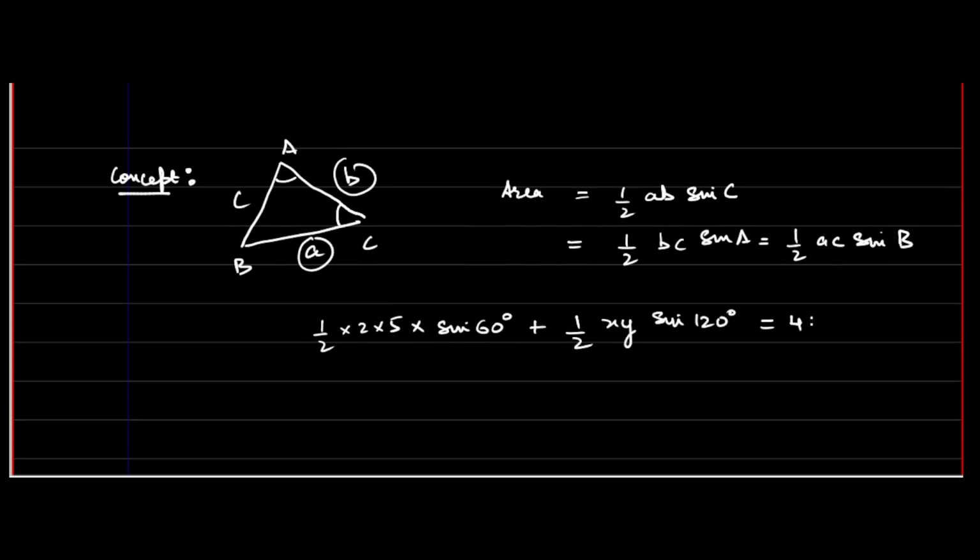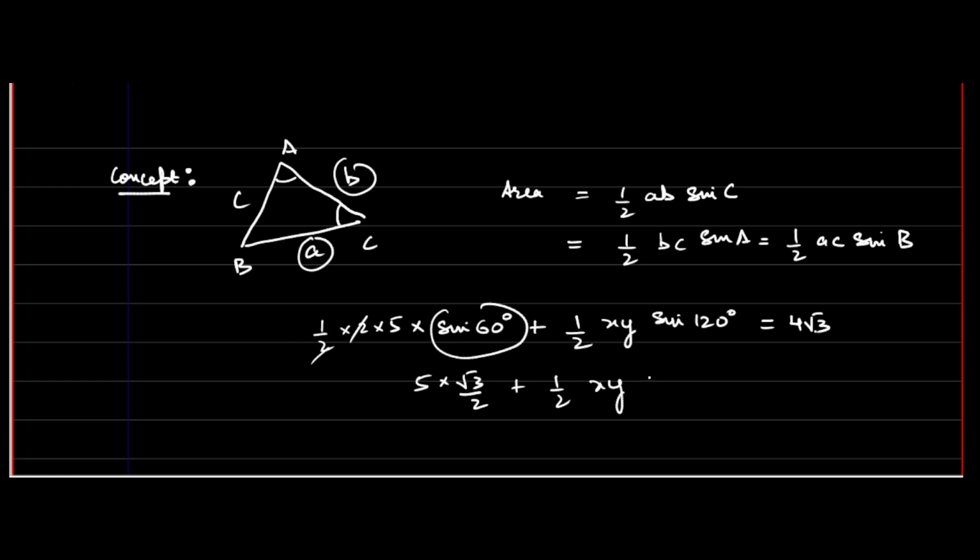This is equal to 4 root 3. So the 2 and 2 cancel out, and sin 60 we already know is root 3 by 2, plus half x into y.